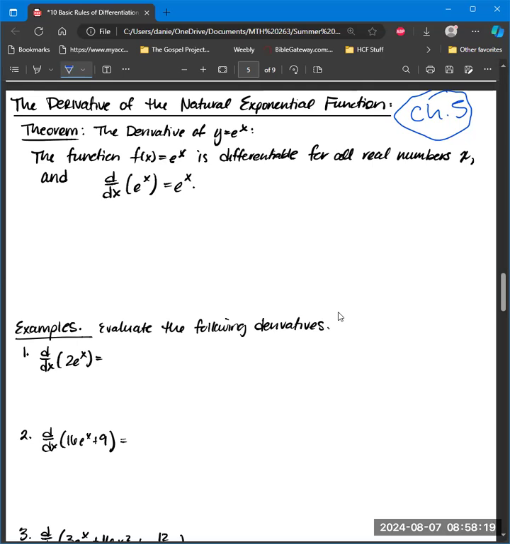If you want to have some fun here, prove to yourself the limit, actually, let's just do this one.